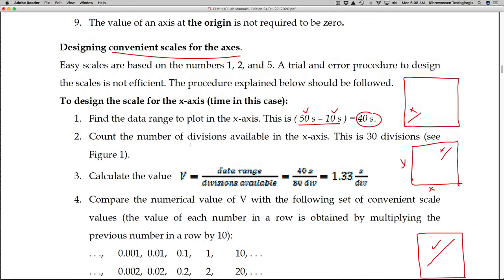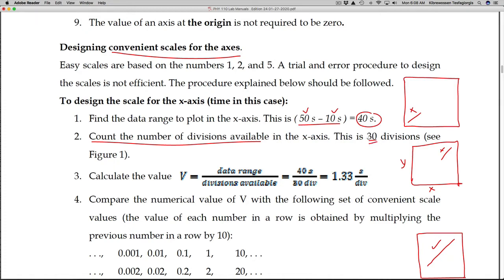The second item that you need to look at is, how big is my graphing paper? That means you need to count the number of small squares or small grid lines that you have in the x-axis. For this particular example, you have 30 of them.